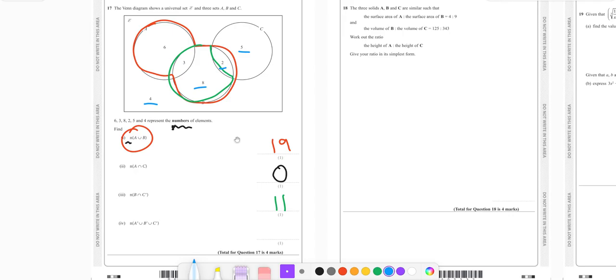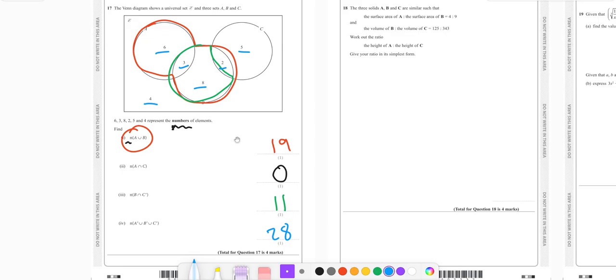So A dashed, sorry, B dashed includes that one as well. And C dashed includes that one as well. So this is all the values, which if we add them up, 11 and 5 is 16, 20, 28. There we go.